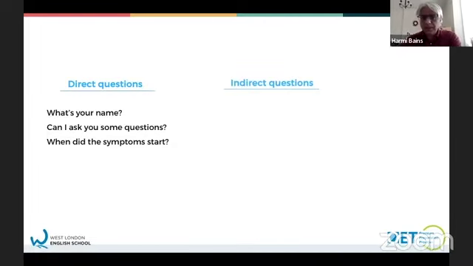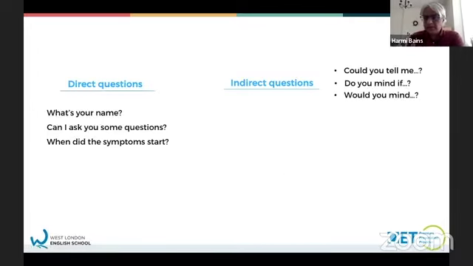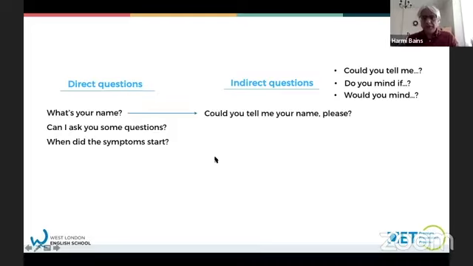And what we can do, we can actually make them indirect by using these sentence starters, question starters, things like, could you tell me? Do you mind if? Would you mind? So what's your name? If you start with, could you tell me, could you tell me your name, please? Can I ask you some questions? Do you mind if I ask you some questions?